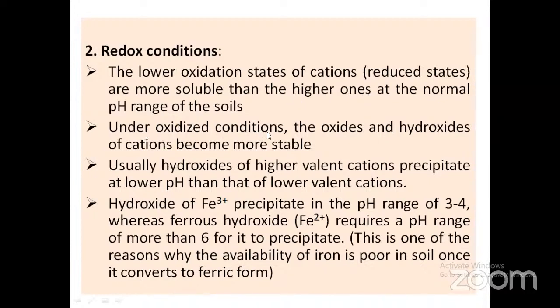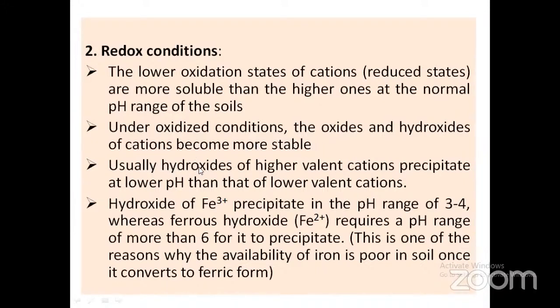And under oxidized conditions, ऐसा क्यों हो रहा है? Under oxidized conditions, the oxides and hydroxides of the cations become more stable. See, reduced condition is more soluble than the oxidized form. Why? Because under oxidized condition, oxides and hydroxides of the cations are formed and they are more stable. Okay, so they're less soluble.